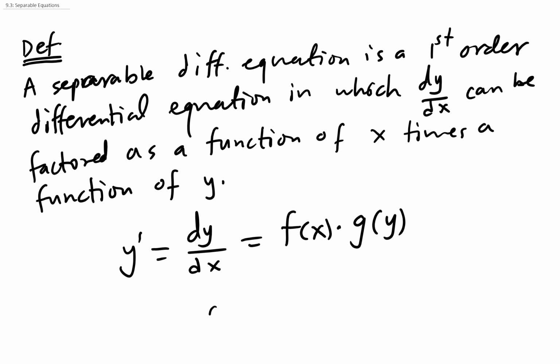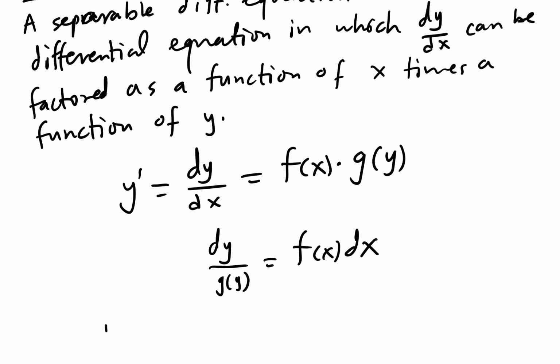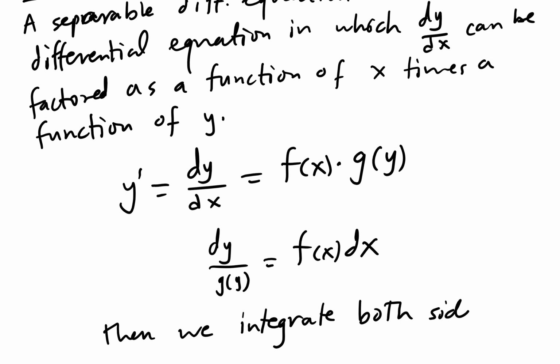And then from here we can do the separation. So dy over g of y equals f of x dx. And to solve this, we integrate both sides, as we did in the previous section.